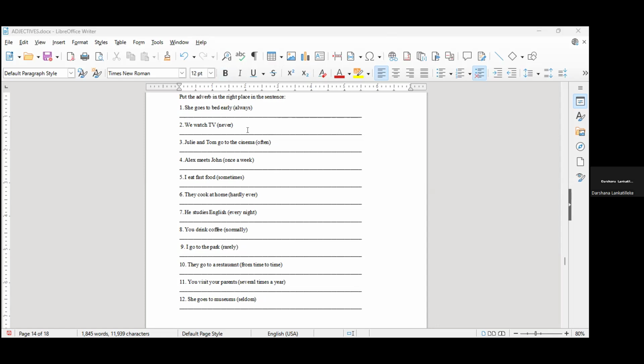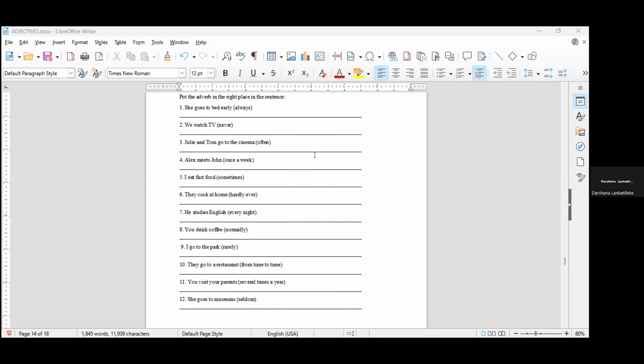Some of you have sent messages. Good. So always we have to place in between she and goes. So she always goes to bed early, right?